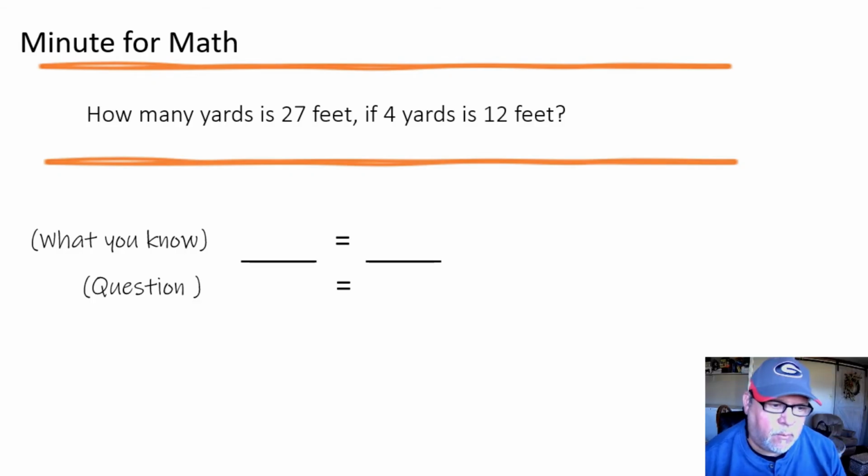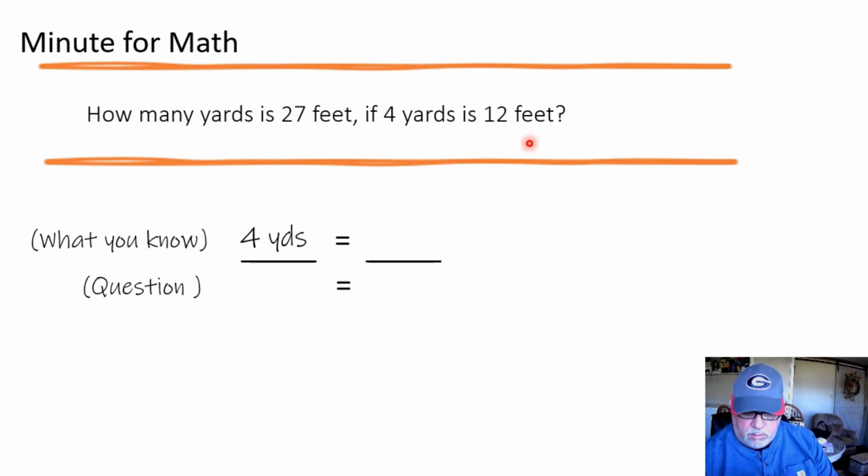Okay, let's see if you got it worked out right. How many yards is 27 feet if 4 yards is 12 feet? Alright, so what we know is 4 yards is 12 feet. That's what we know.